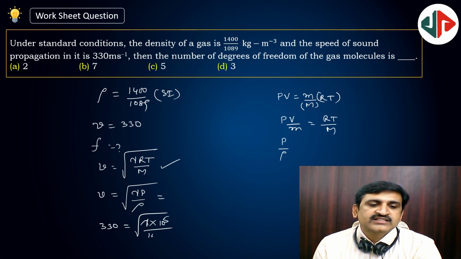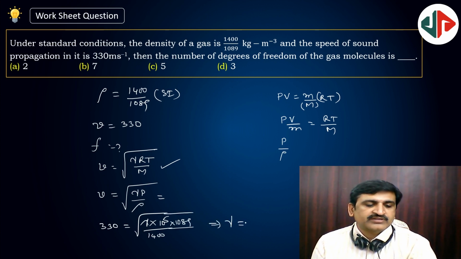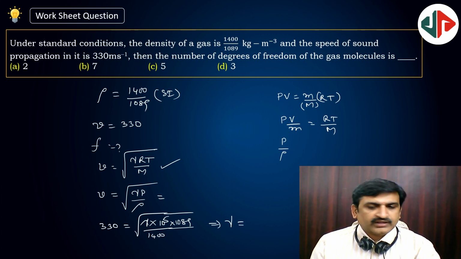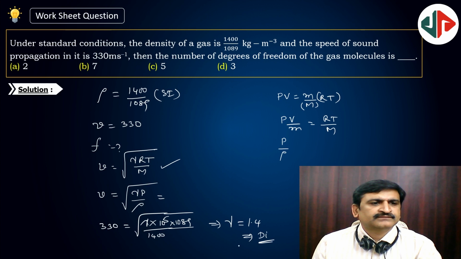With the density 1400 by 1089, the gamma value will come as 1.4. 1.4 refers to a diatomic gas. So the degree of freedom for a diatomic gas is 5.